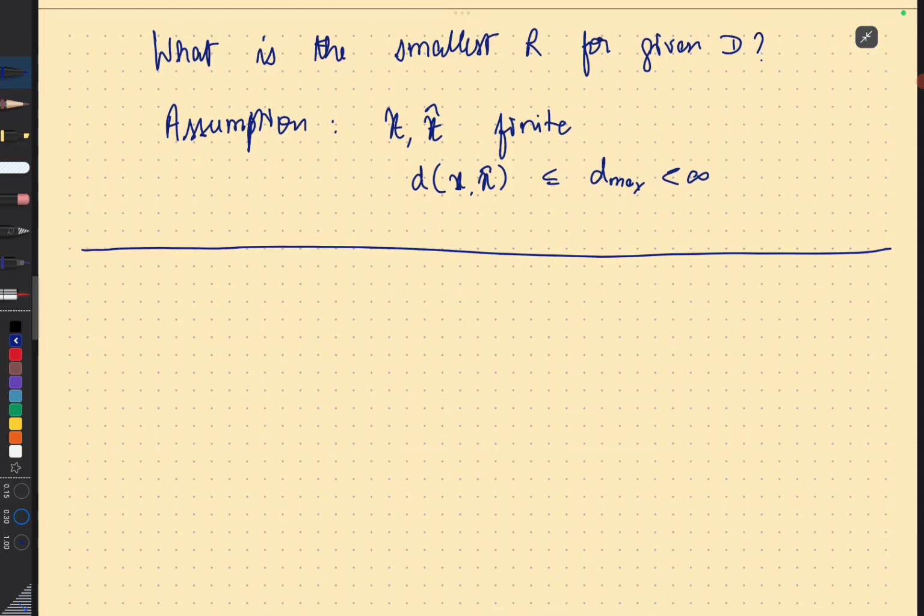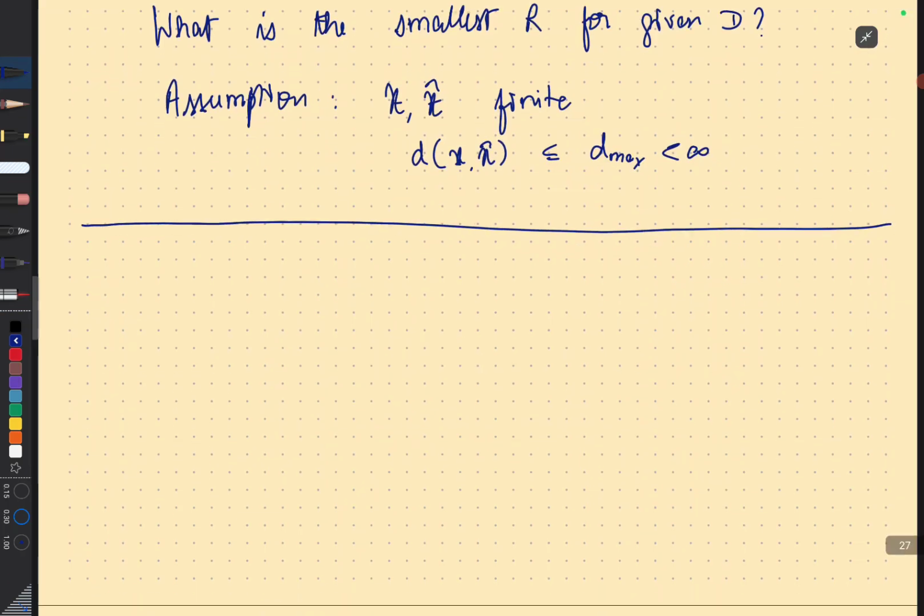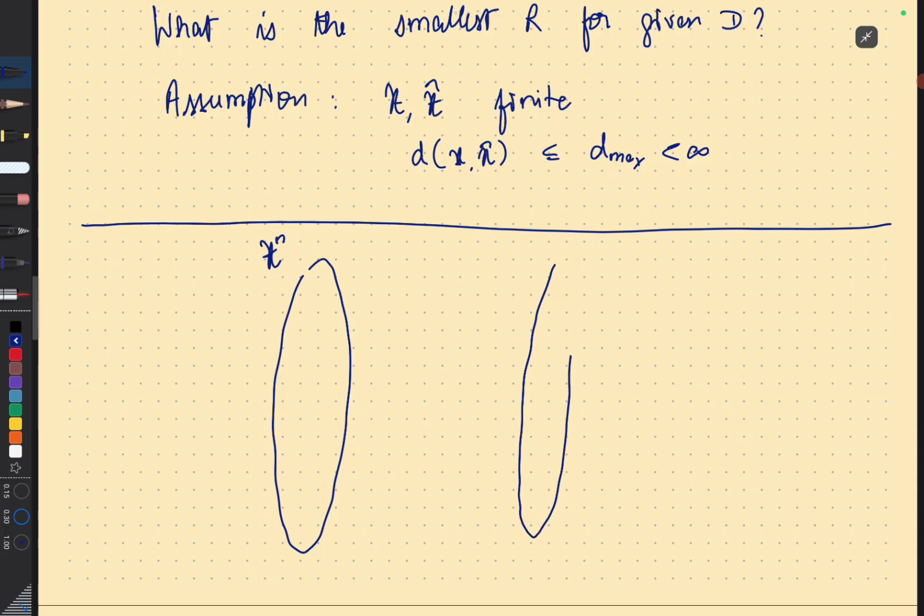Okay. So before we try to derive what is the smallest possible R, let's think about what a lossy source compression scheme would potentially look like. I have this space X^n, where all the source sequences are coming from, and I have X^n hat, the set of all possible reconstruction sequences.